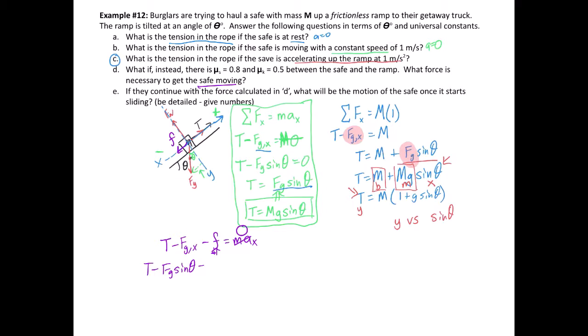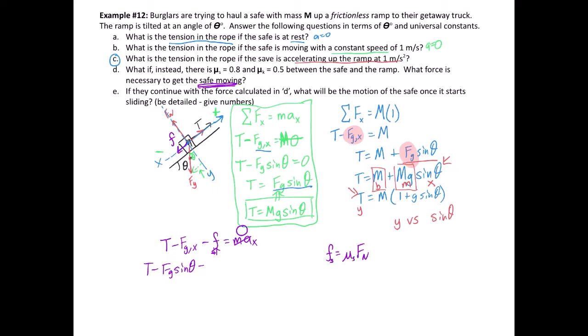So what I need to do now is figure out how much friction there is. Well, please remember that friction can be equal all the way up to the coefficient times the normal force. Again, we want to get it to start moving, which means that it's static friction until the point when it's moving. So again, we're looking at static friction.